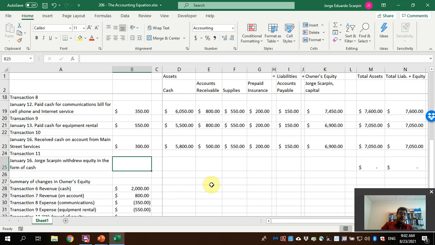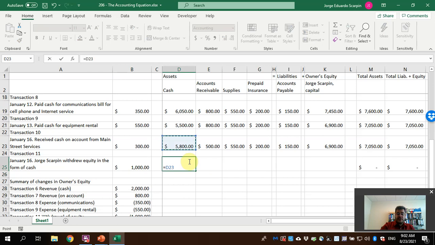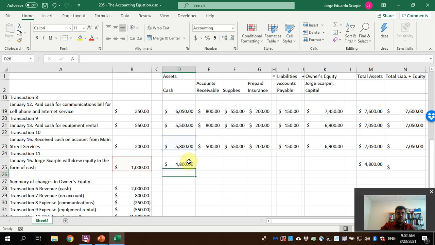And Jorge Scarpin withdrew equity in the form of cash. I need to pay my mortgage, I need to buy food, I need to go to the grocery store, so I withdraw $1,000. So cash, 1,000, 4,800.